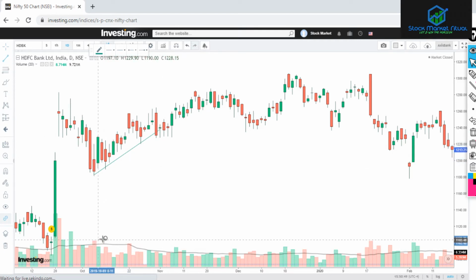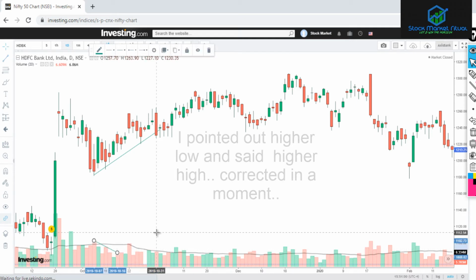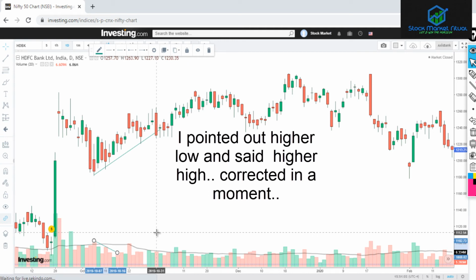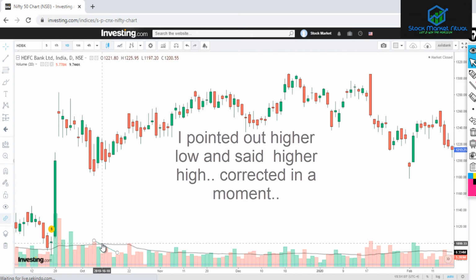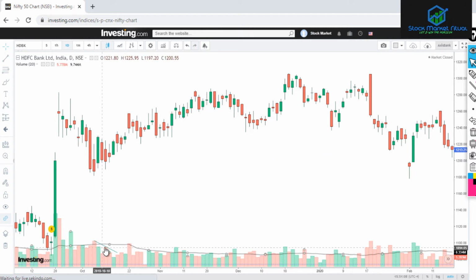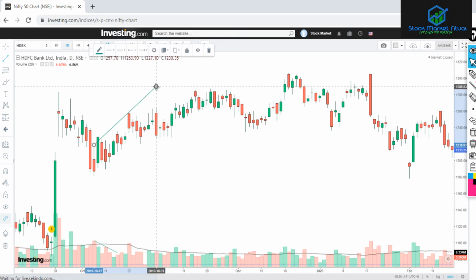Instead it is making lower highs. Now the volume is making lower highs, but the price here you can see is making higher highs. Now this is a volume divergence.